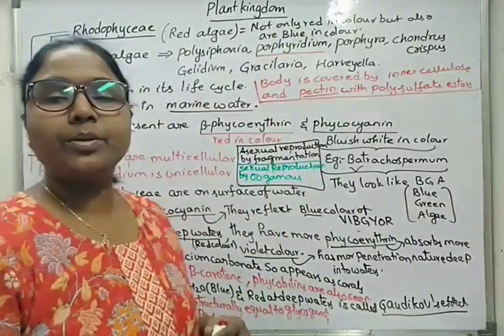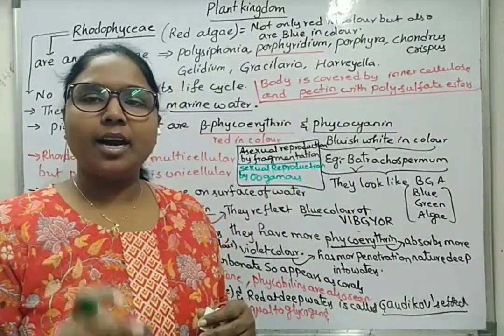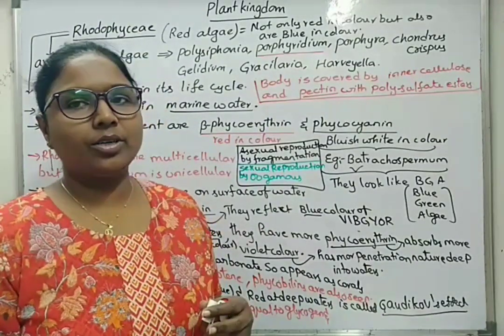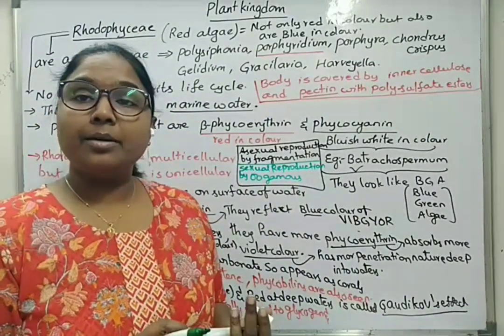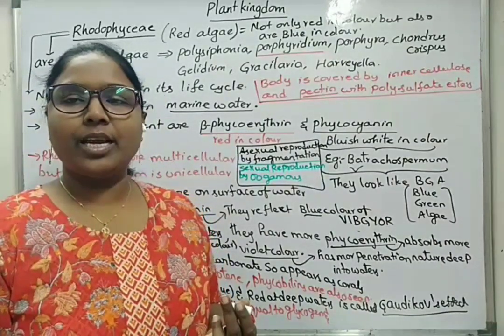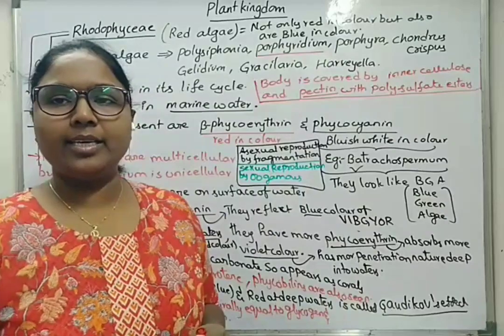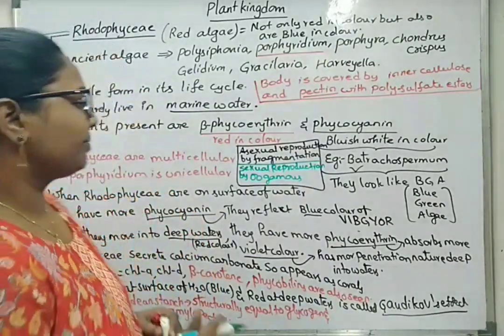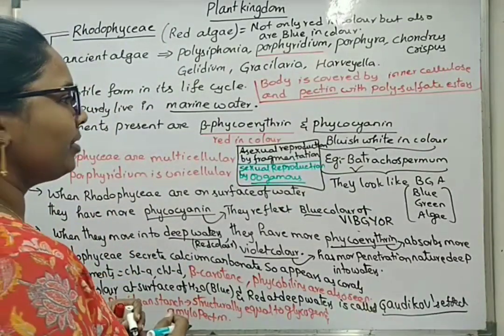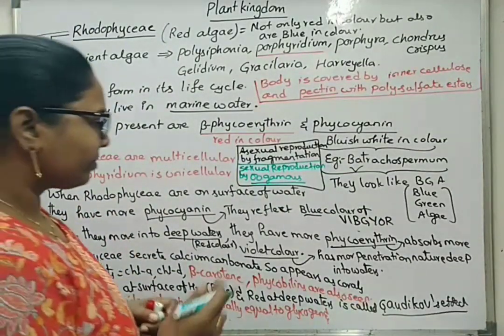In oogamous type, the sex organs are of different size, and one is motile while the other is non-motile. The male sex organ is motile and smaller in size. The female sex organ, or egg, is bigger and non-motile. The fusion between such gametes is called oogamous sexual reproduction.